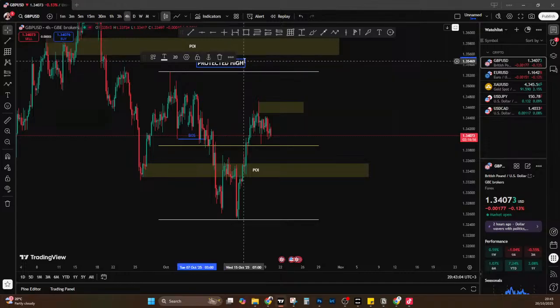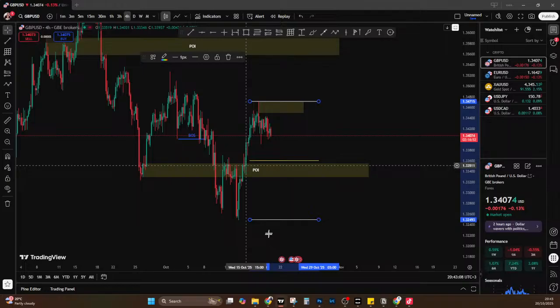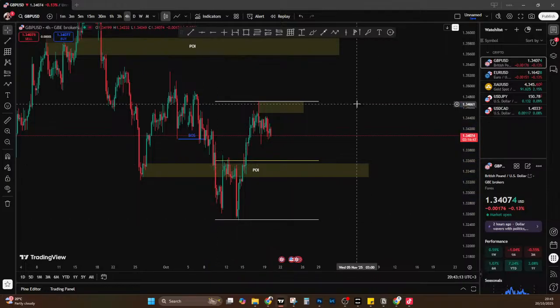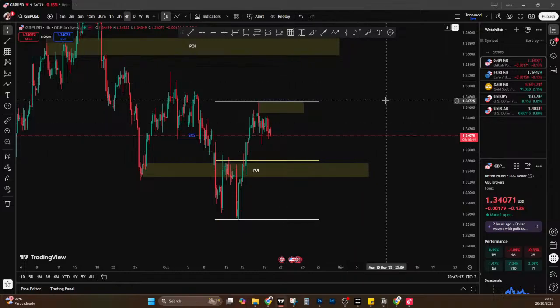We need to refine this further to this trading range here, because we are intraday traders, you want to trade where the market is currently. If you are a swing trader, you can wait for days until the market comes to your level.